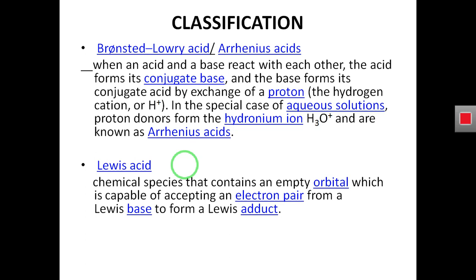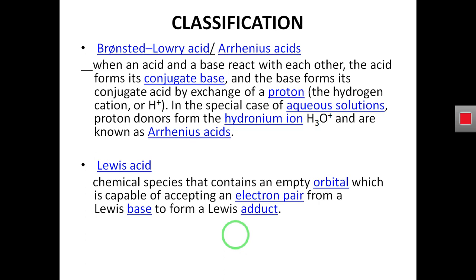So they are able to accept an electron pair from a Lewis base, so they form a Lewis adduct. You have to remember the difference between an Arrhenius acid and a Lewis acid. First, an Arrhenius acid donates a proton and a Lewis acid accepts an electron pair.